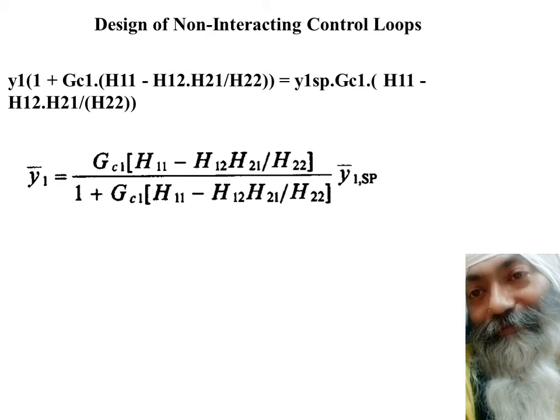This is so important. As you can see, y1 is totally dependent on the value given by gc1 and on the set point given to y1. It has nowhere m2, it has nowhere gc2. If I retune gc2, gc1 will not get affected, y1 will not get affected.